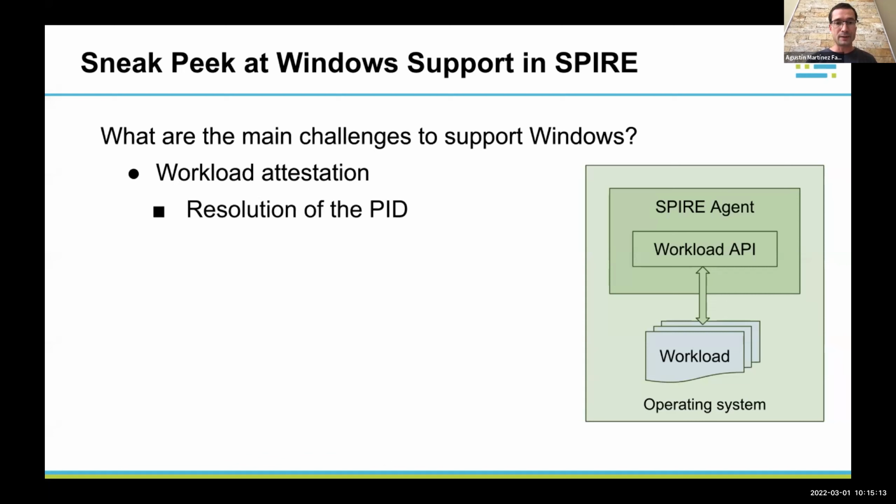The workload API is exposed by the SPIRE agent, and it allows workloads to go through an attestation process to get their identity. This is done without the need to provide any credentials by the workload.